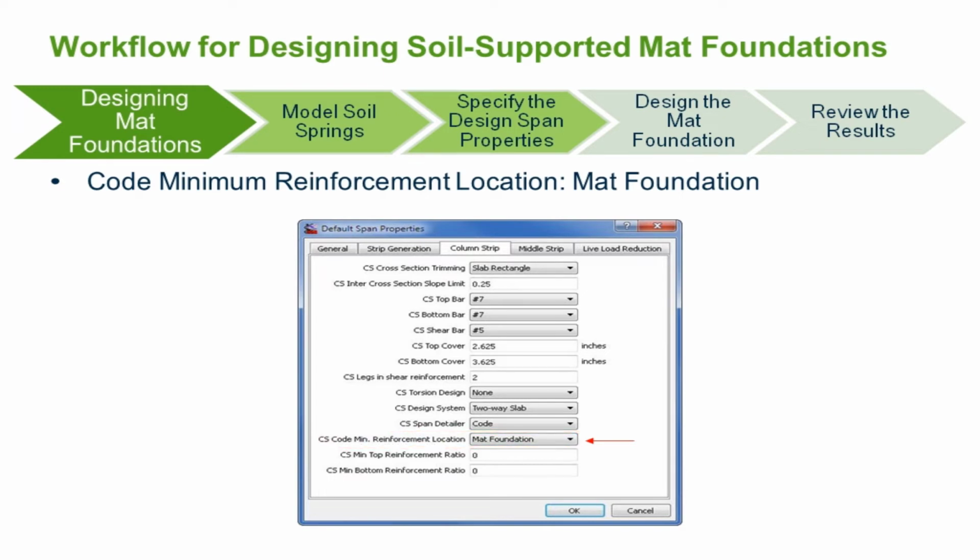The code minimum reinforcement location indicates the minimum tensile reinforcement code rules to consider for flexural stress conditions. They determine the minimum reinforcement based solely on geometry and the expected tensile forces. And when this option is set to mat foundation, the minimum reinforcement at a column will be located at the bottom face of the slab.